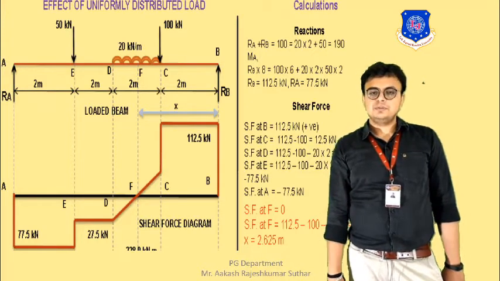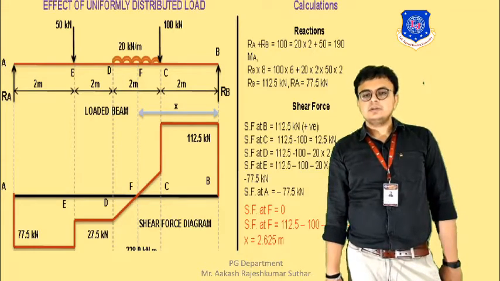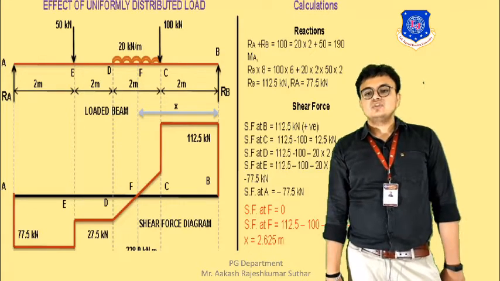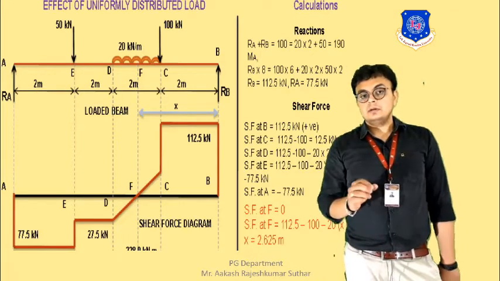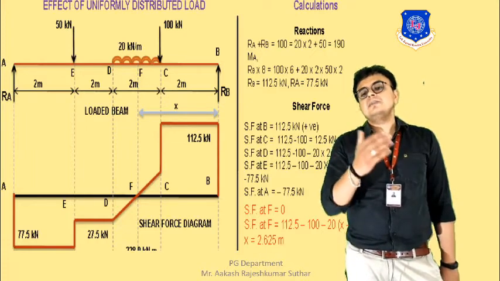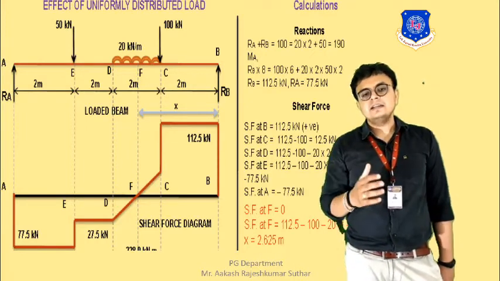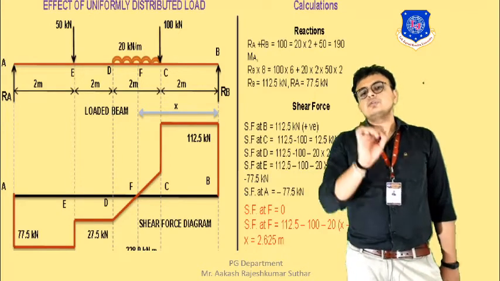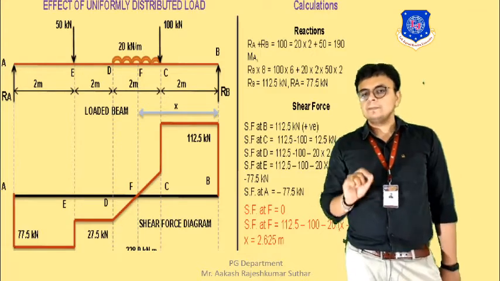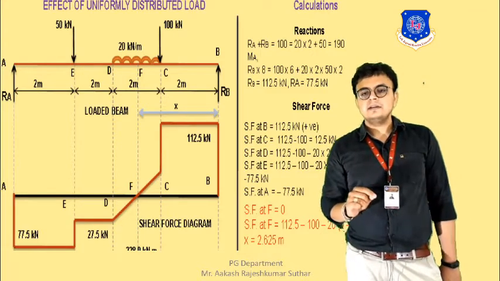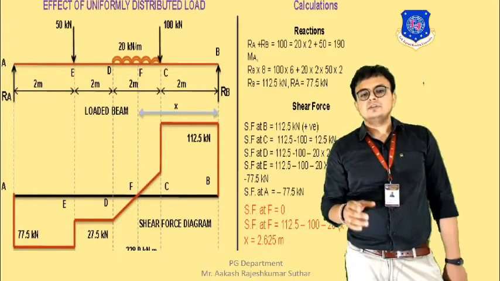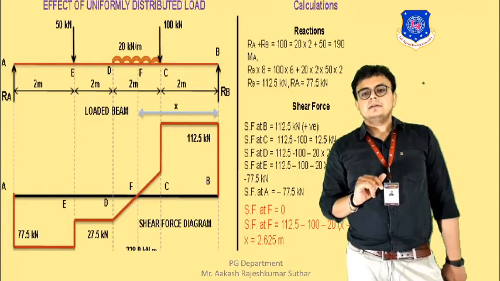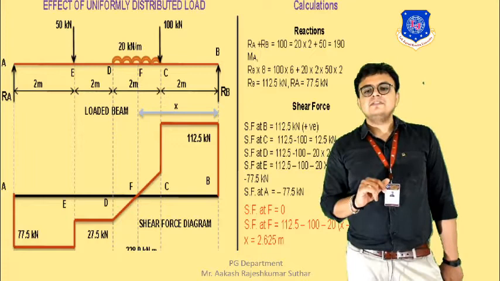So it will be equal to 100 into 6, that is the distance of C to A, plus 20, where we have to make an equivalent concentrated load. The UDL is for a 2 meter span, so we have to convert it into a concentrated load: 20 into 2, and the distance will be from the center, that is from F. So it will be 2 plus 2 plus 2, that is equal to 6, plus 50 into 2.